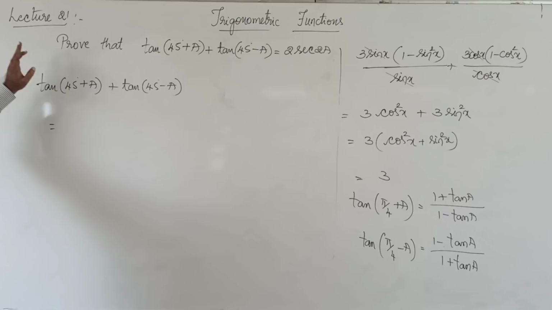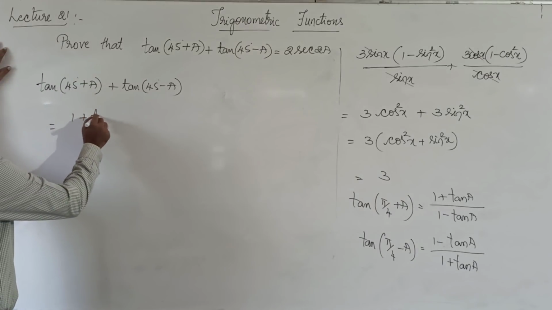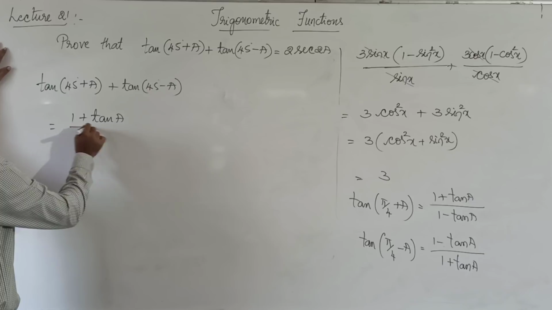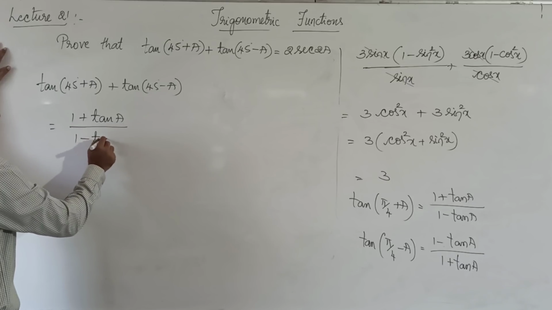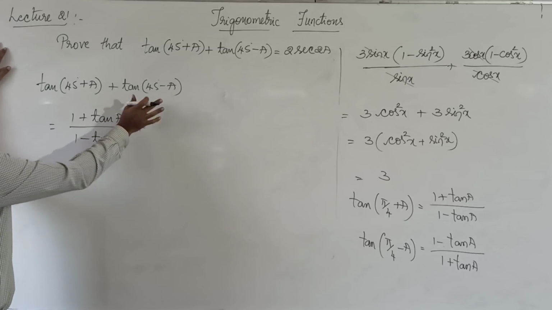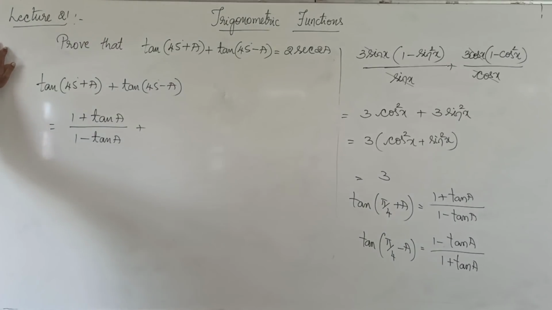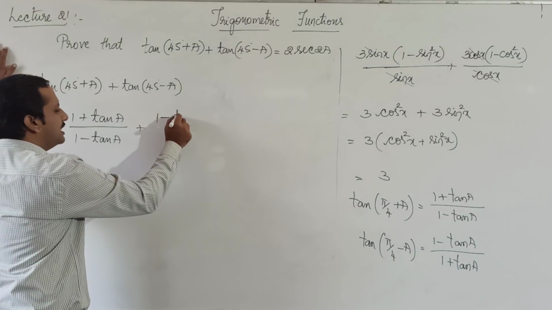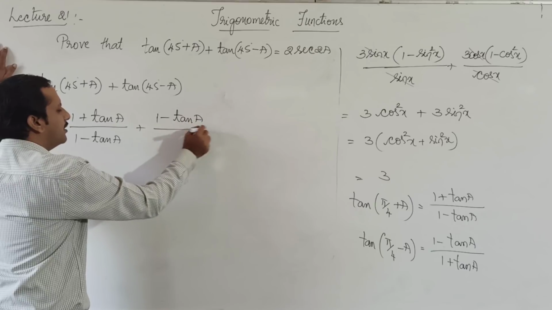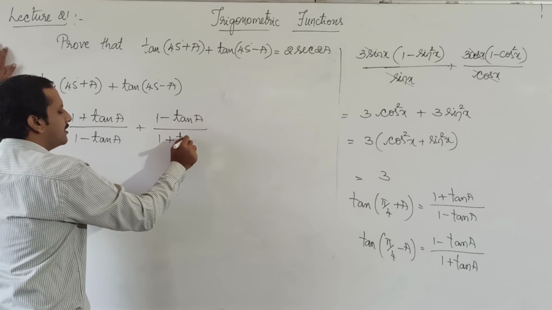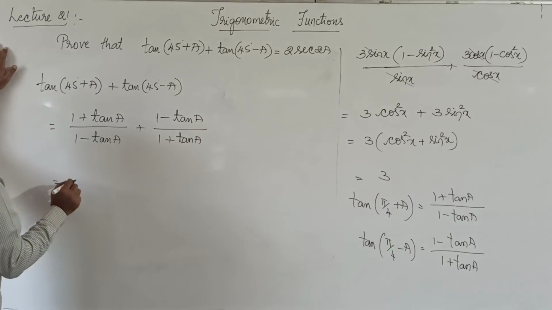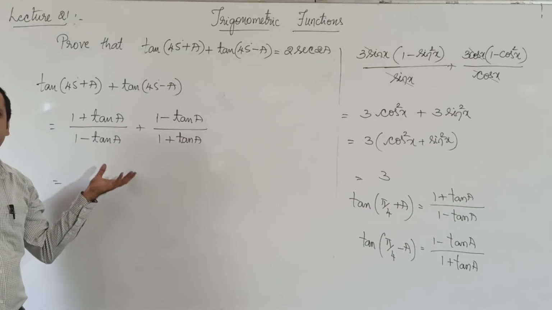Tan(45 + A) we can write as (1 + tan A) divided by (1 - tan A), plus tan(45 - A), which is nothing but (1 - tan A) divided by (1 + tan A). Now we have to simplify. I have to take the LCM here, which is (1 - tan A)(1 + tan A).